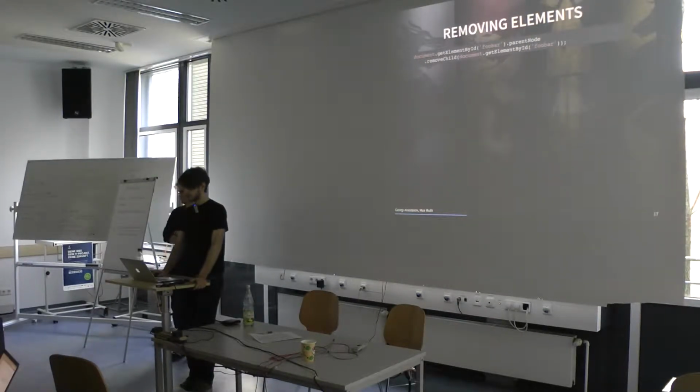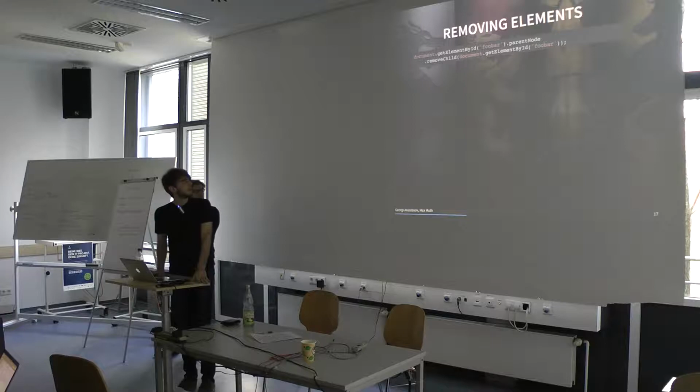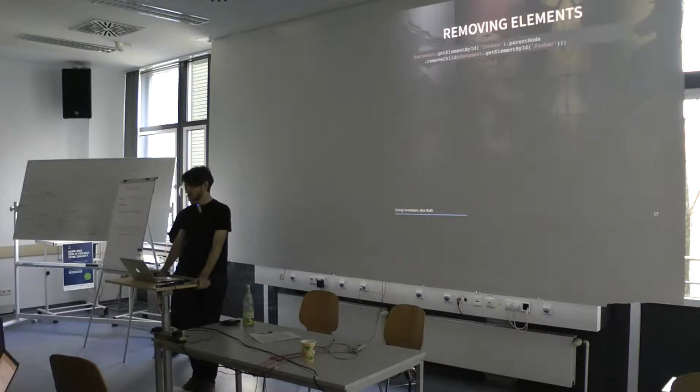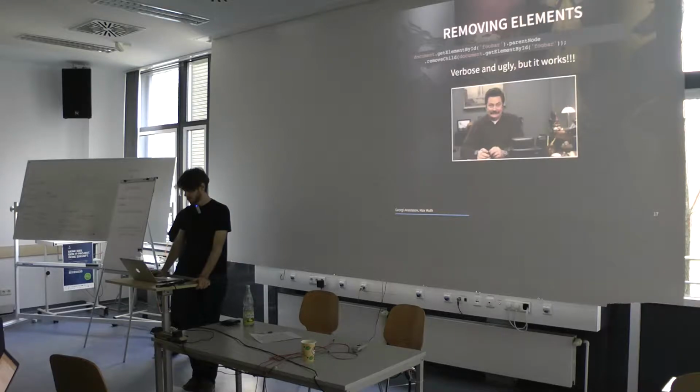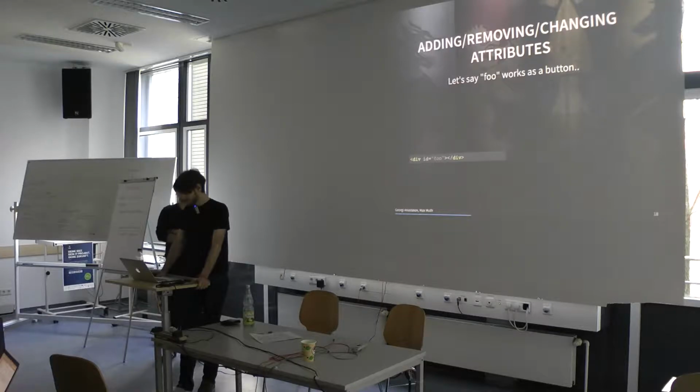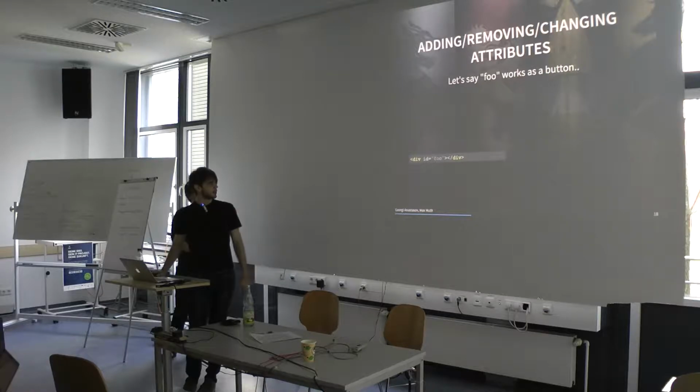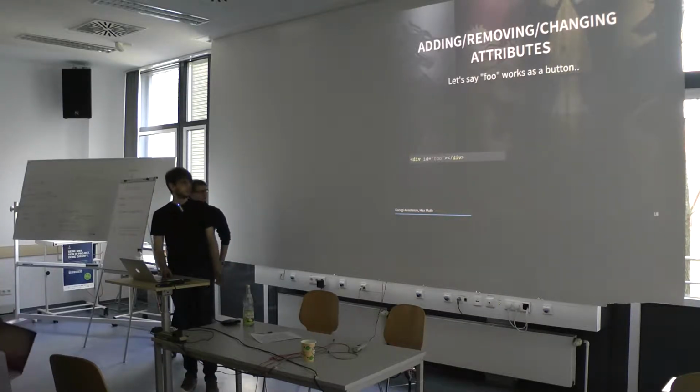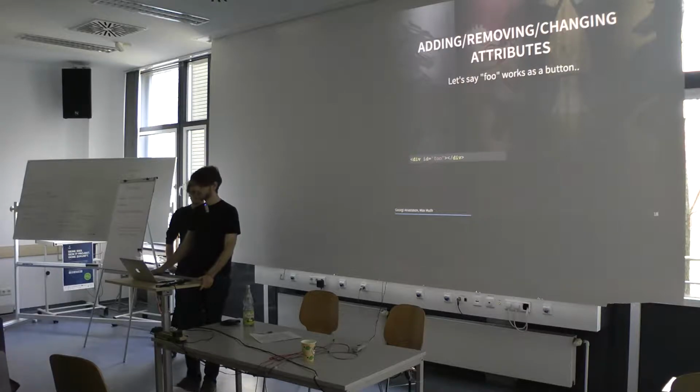How are we removing elements? So it's pretty ugly in JavaScript right now. Do you have some suggestion how it would look like in jQuery? Yeah, it's one word, it's remove. So we can also remove, attach, change attributes, like if we imagine that this div is working as a button, yeah, it's kind of deprecated.